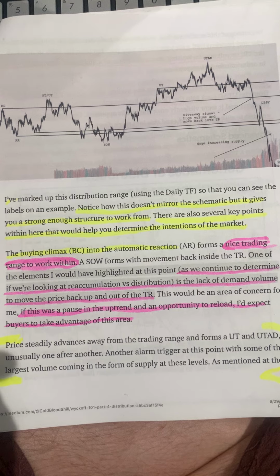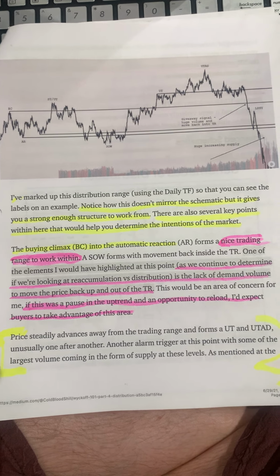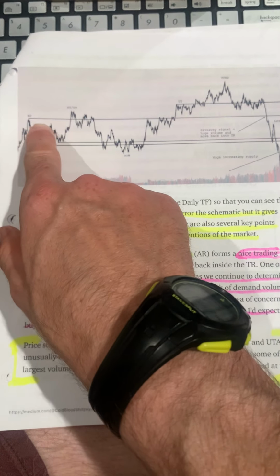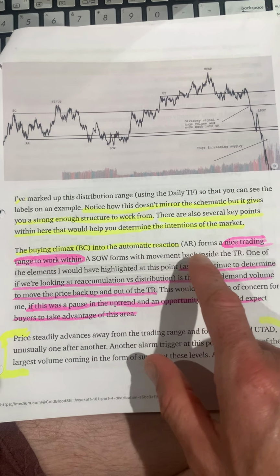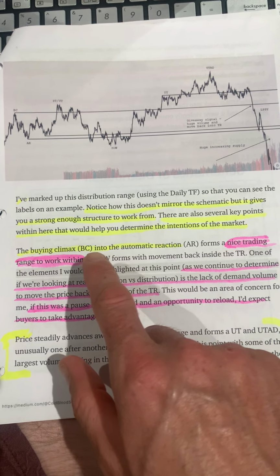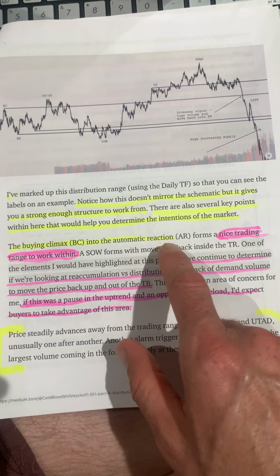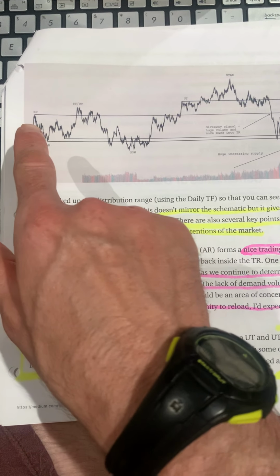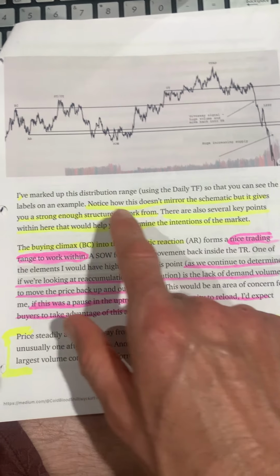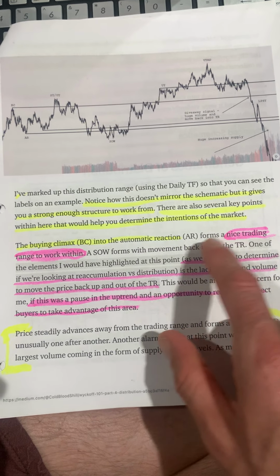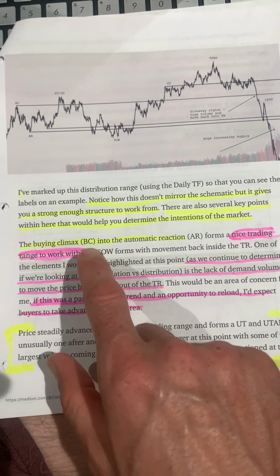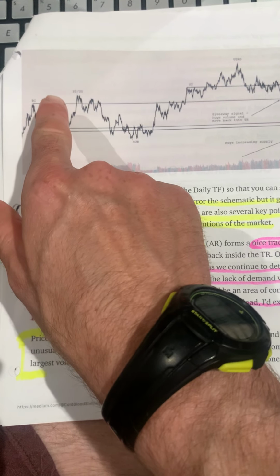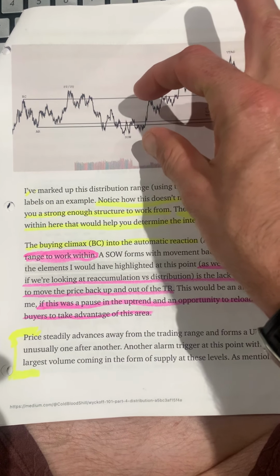The buying climax, or the BC, right here, into the automatic reaction, the AR, so it just goes down. A nice trading range to work within also, here and here.